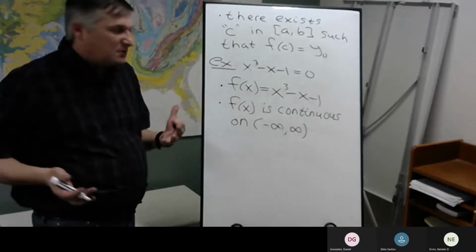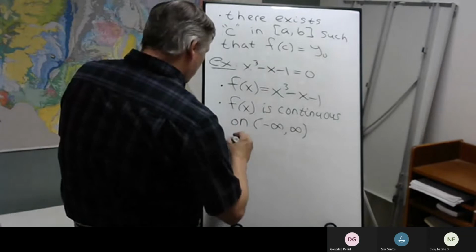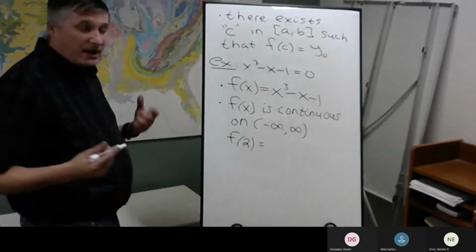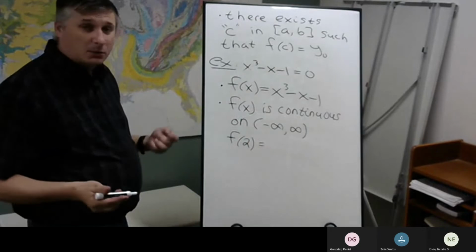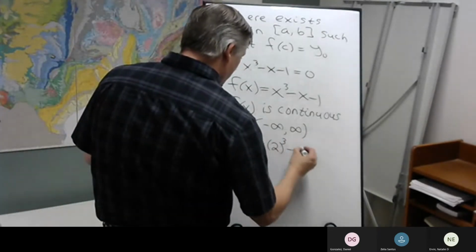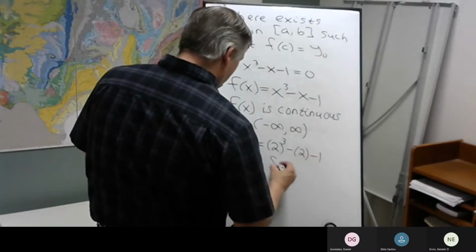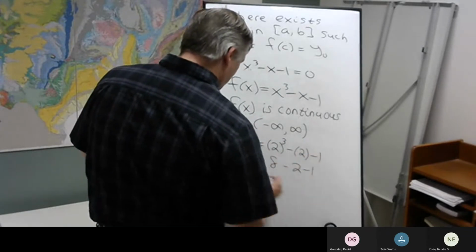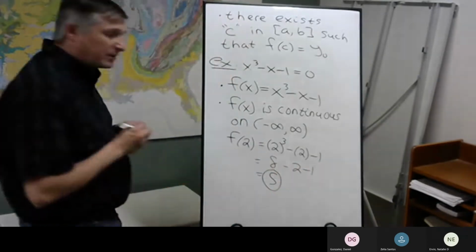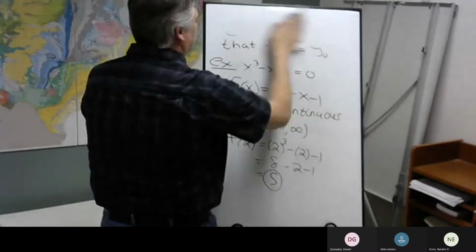So you can kind of guess this. You can come up with some numbers, but one number that'll work to get us an f of x above the x-axis is to let x equal 2. So we're going to get 5.